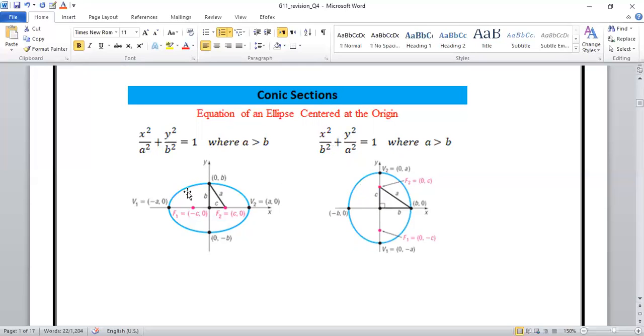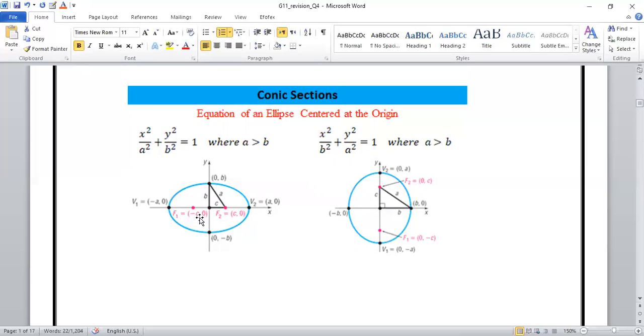The difference between the two figures in the equation: a squared and b squared. We know that a is always greater than b, so we put the major axis above a.